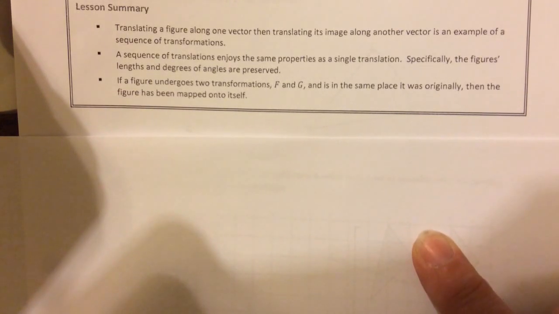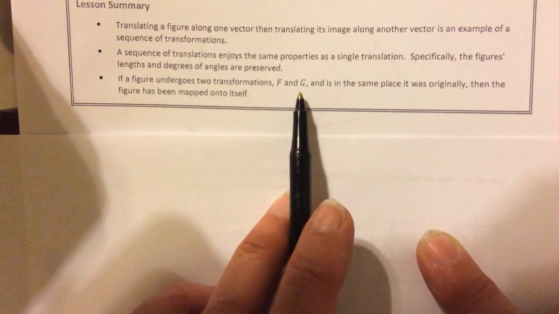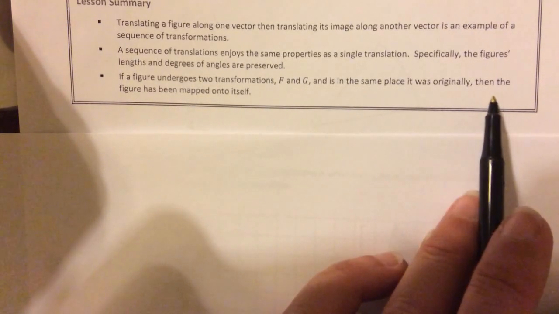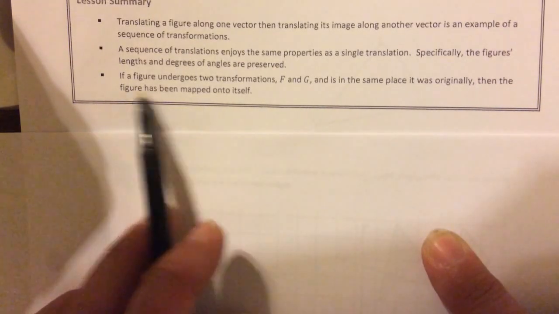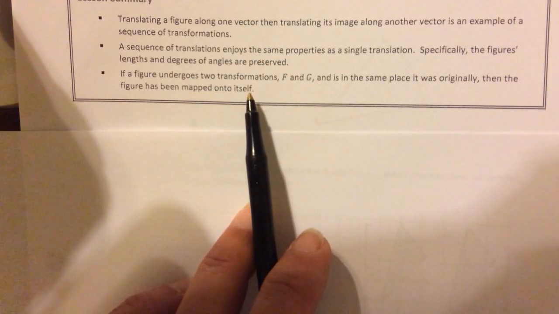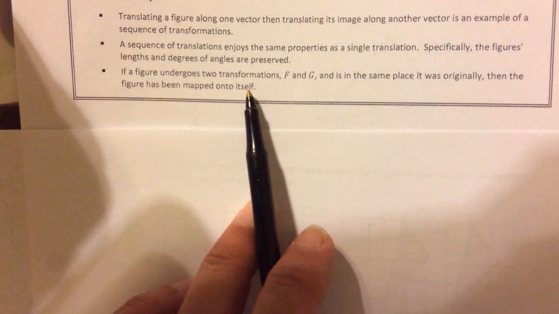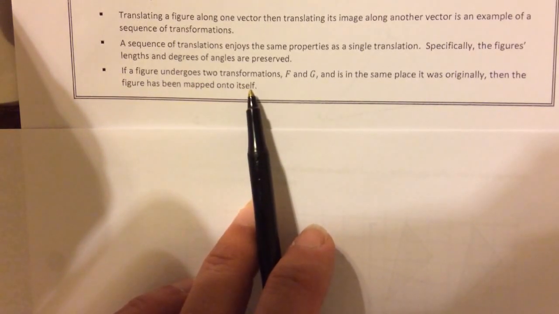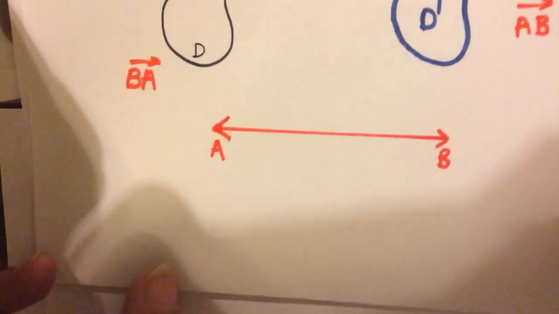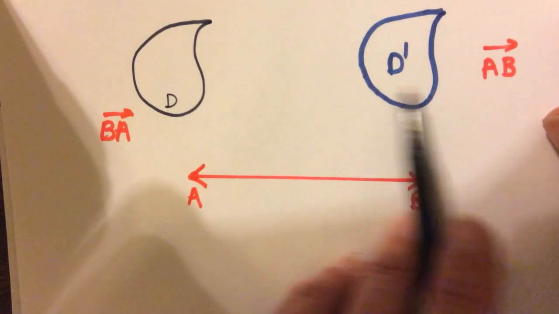If a figure undergoes two transformations, F and G, and is in the same place it was originally, then we can say that that figure has been mapped onto itself. And so we saw that with the example of the little teardrop, where the figure went from here to here and then back.